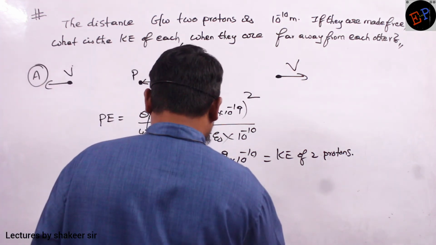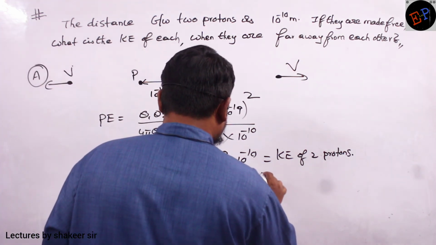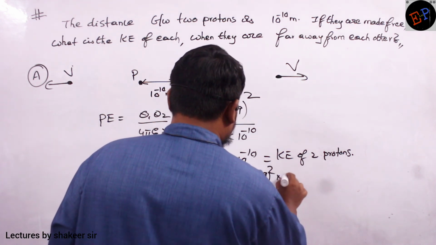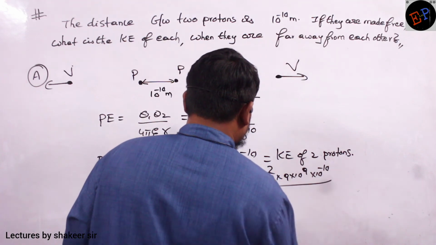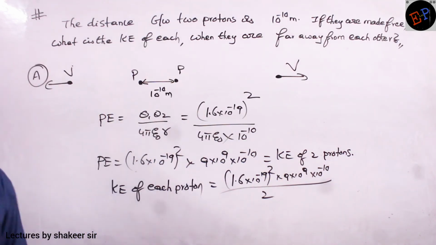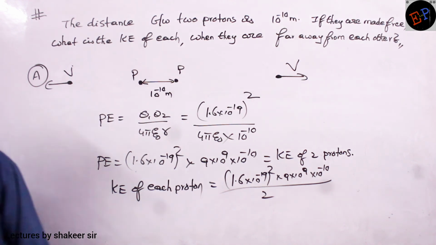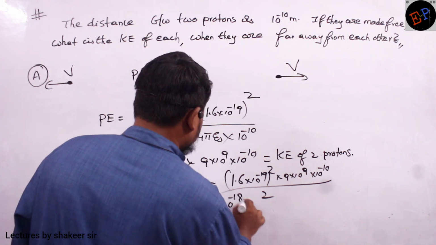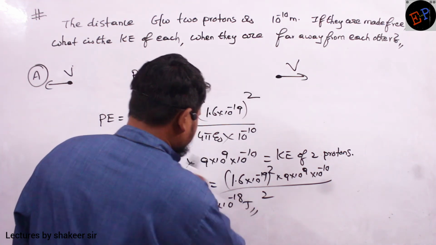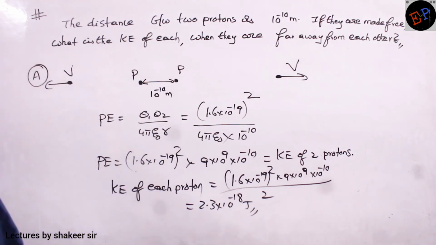Therefore, it is 1.6 into 10 power minus 19 whole square multiplied by 9 into 10 power 9 multiplied by 10 power minus 10, divided by 2. That's it. If I do this calculation, it is 2.3 into 10 power minus 18. This much energy you should get for each proton. Fine.